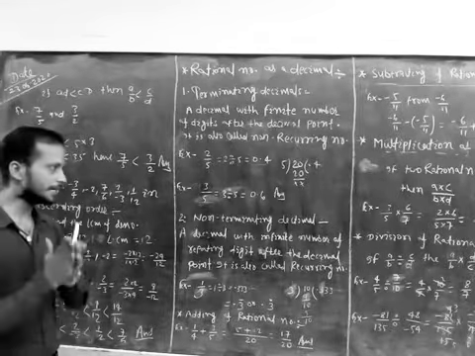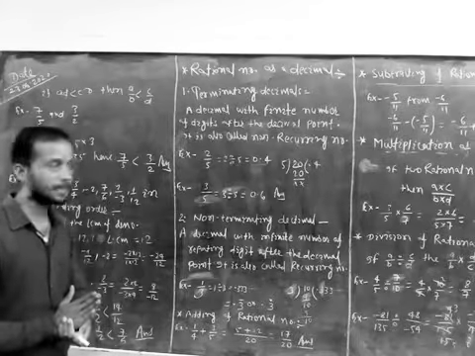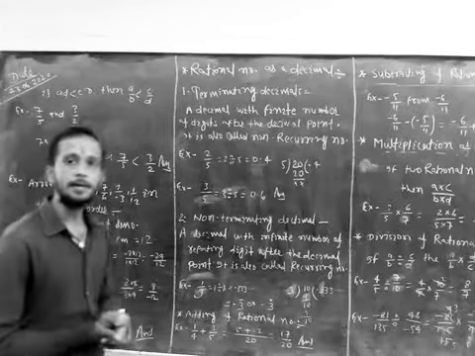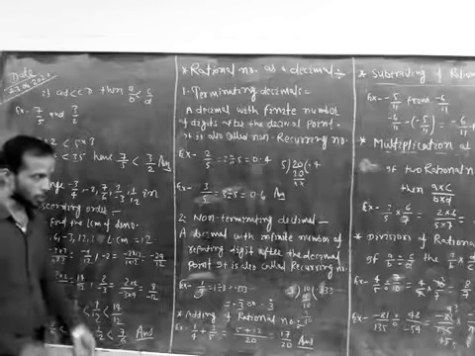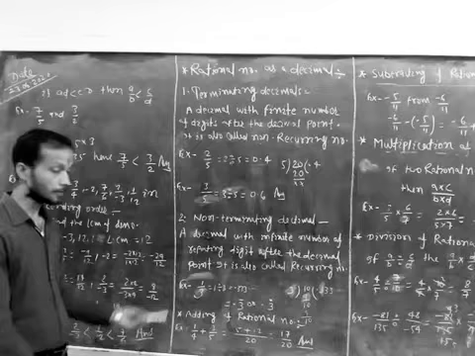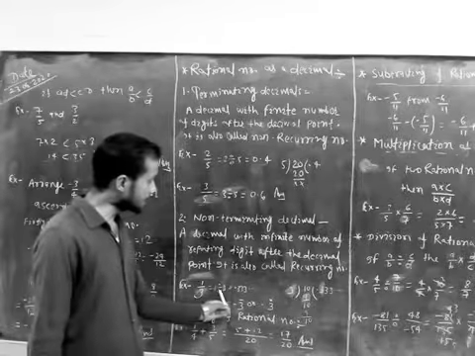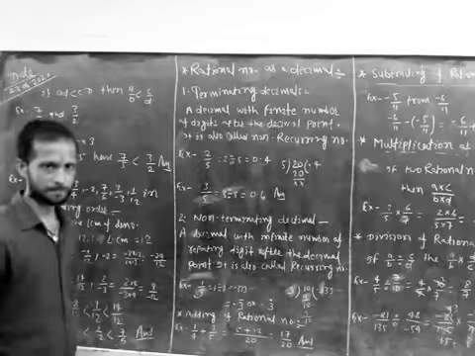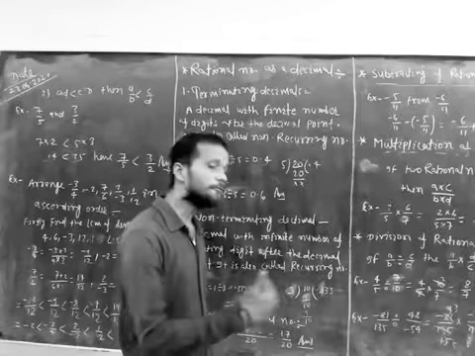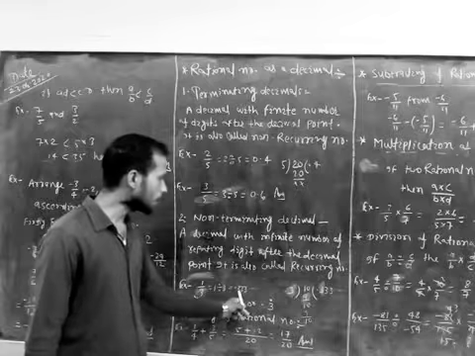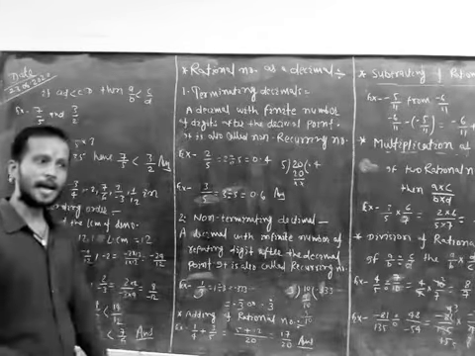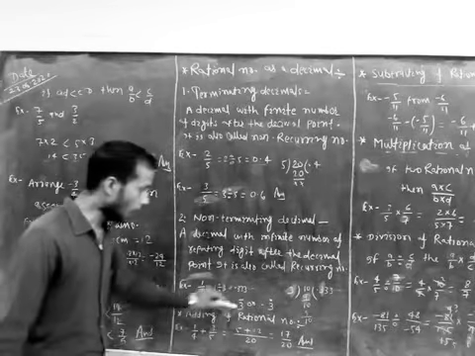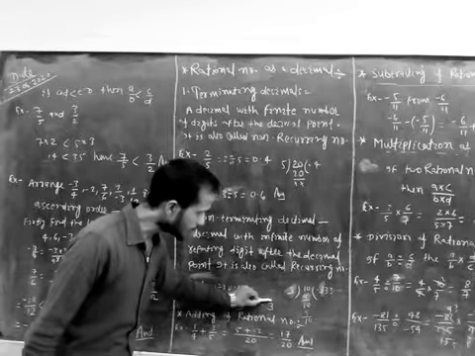That means a non-terminating decimal is called a recurring number or repeating number, and a terminating decimal is called a non-recurring number. For example, 0.3 with a bar, and this is a recurring symbol.